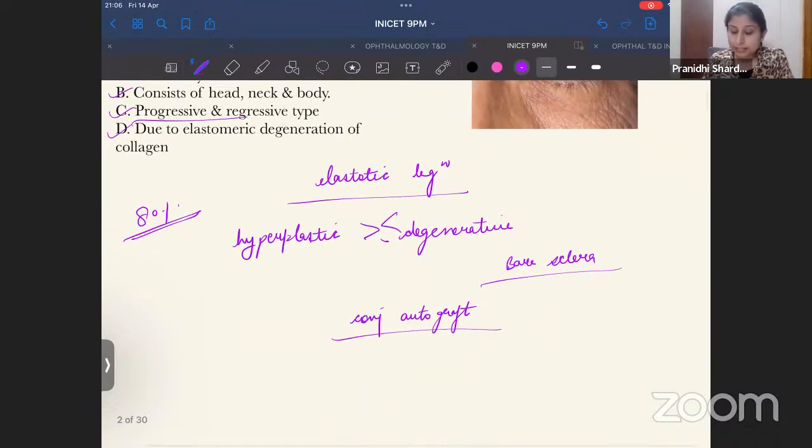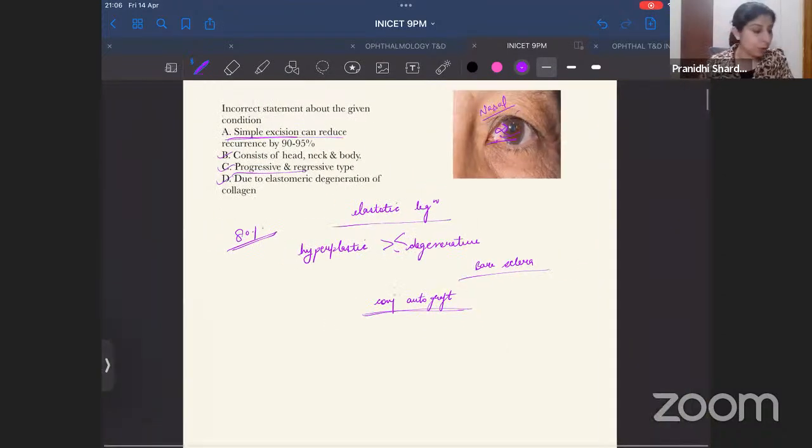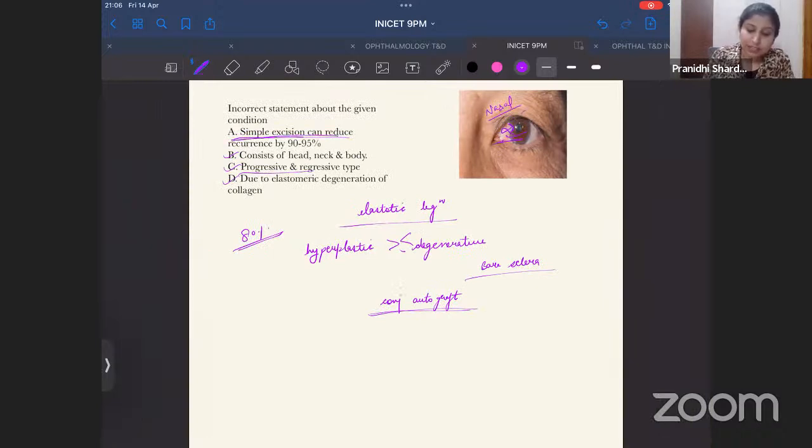This has a recurrence rate of up to 20 to 30%. So the first option, which says that simple excision can reduce recurrence by 90 to 95%, is a wrong statement, and hence the answer to this question.